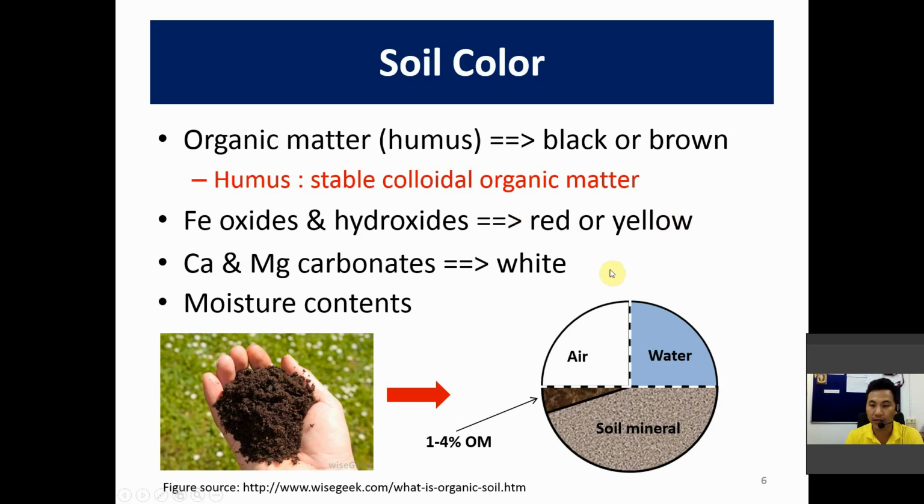It totally depends on the degree of oxygen you have. Calcium magnesium carbonate gives the white color to the soil. Moisture itself, or just water, can change the color of the soil as well. So if you use some sort of way to investigate the soil color, one of the things you have to keep in mind is that you have to standardize the moisture content first. Otherwise, the same soil with different moisture content can give you different colors as well.